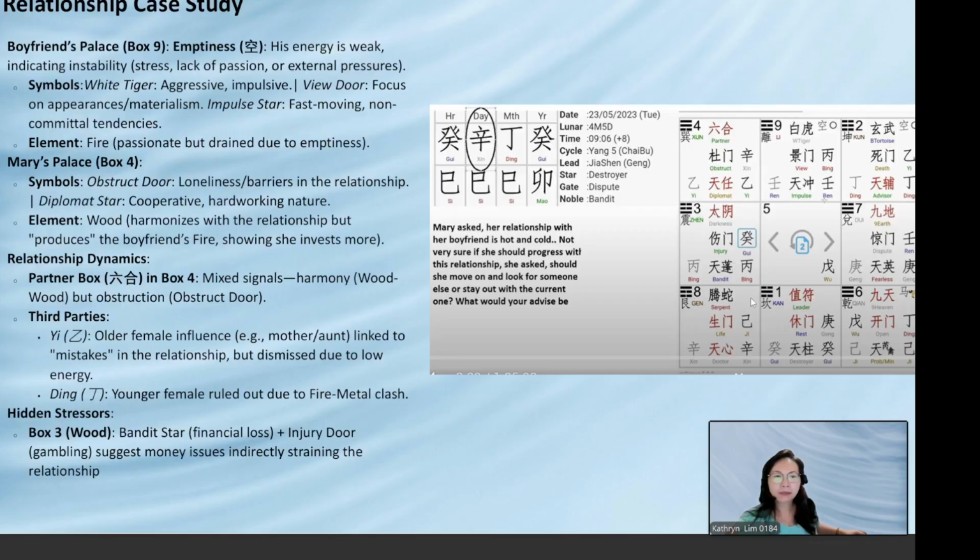So the element in box 3 should be taken into account too. We should look into it to see what kind of hint or clue it can give us to understand the problem or to give us an answer to this case study.